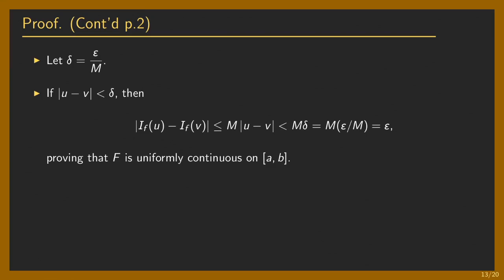So therefore, we have proven that IF is uniformly continuous on a, b. By the way, uniform continuity implies continuity as well. It's a stronger form of continuity. So, what we have accomplished so far, na-accomplish natin that if f is integrable, yung indefinite integral ay uniformly continuous on the interval of integration.